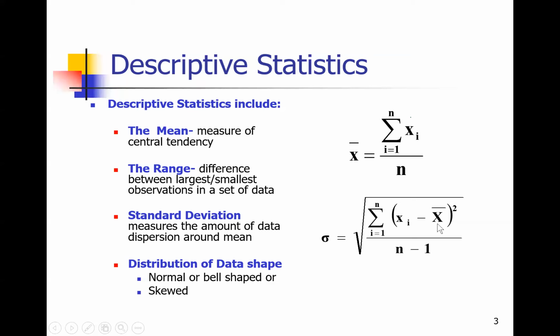Root over of xi minus x bar whole square divided by n minus 1 is the definition of standard deviation. So in your classroom case, how can you calculate standard deviation?